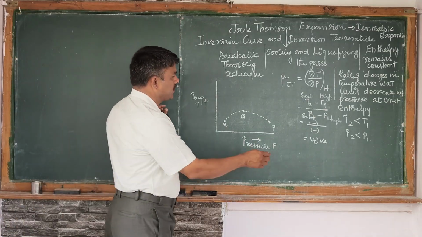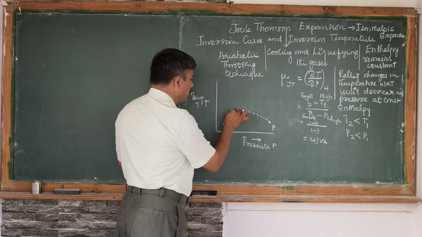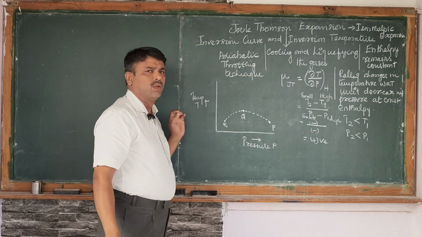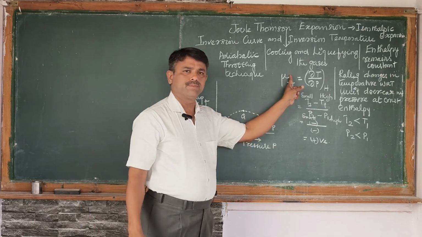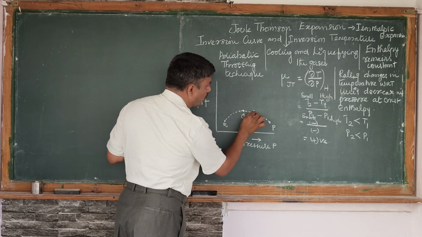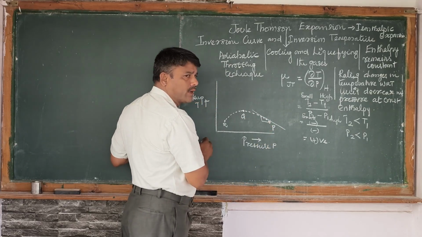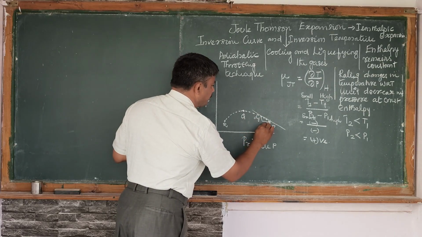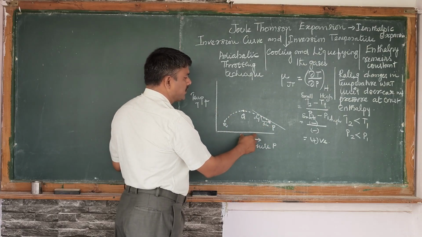Clear? Each and every point on this curve, the slope at the point, represents the Joule-Thomson coefficient. If you consider a point and take the slope, this gives dy by dx: dy is the difference in temperature, dx is the difference in pressure.